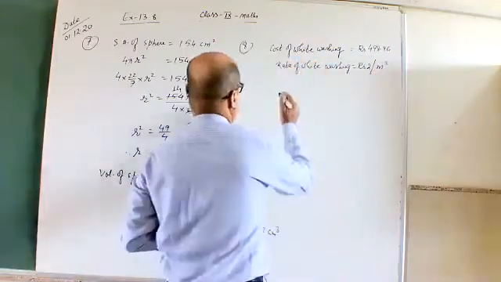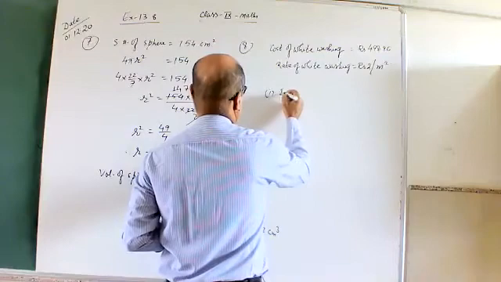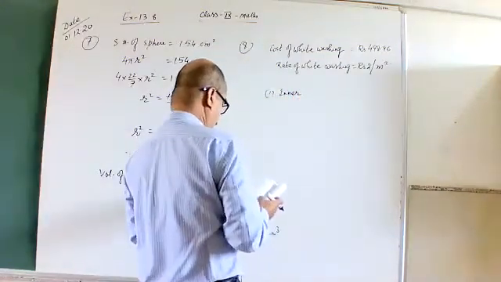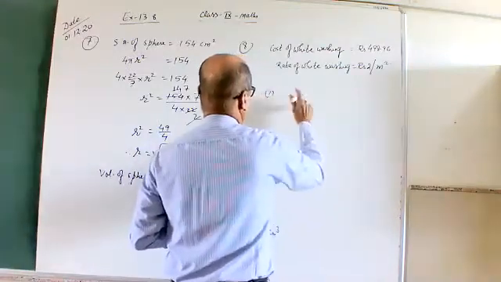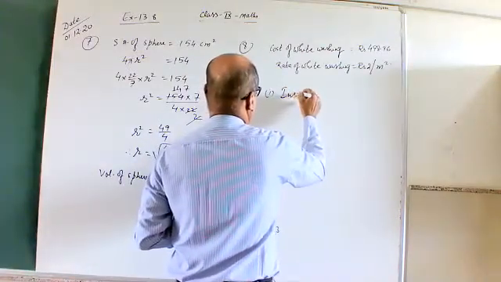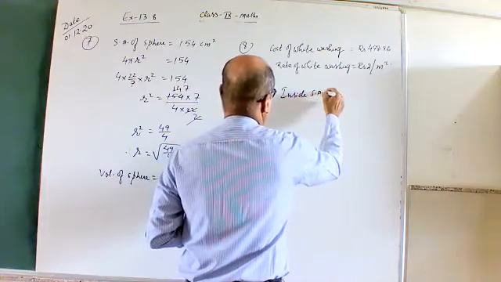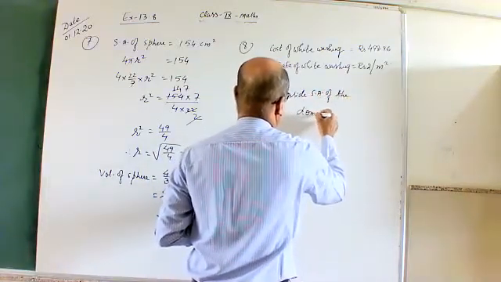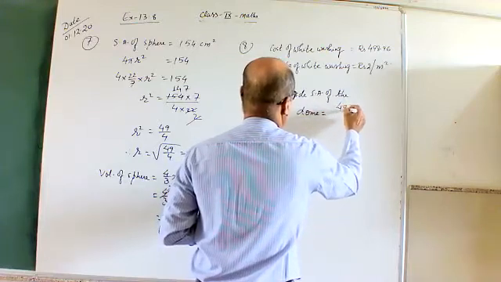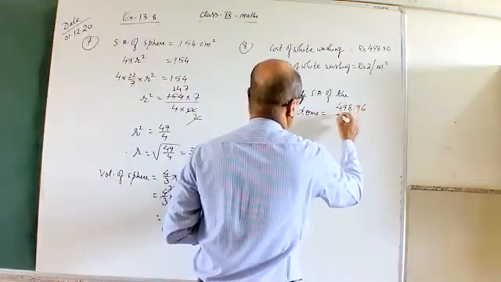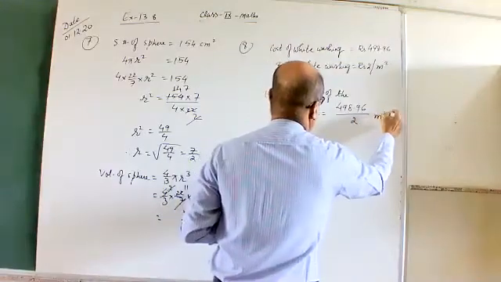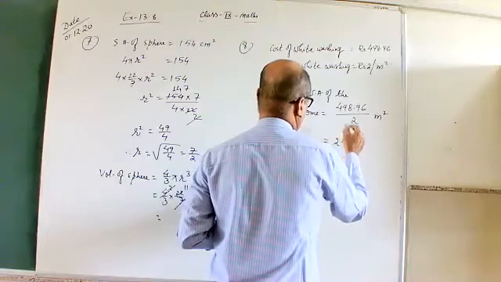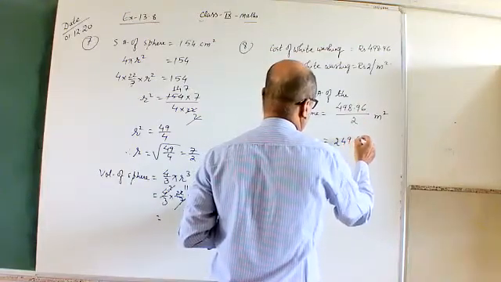So the inside surface area of the dome will be equal to 498.96 divided by 2 meter square. Okay, so divide it. 2 2s are 4, 2 4s are 8, 2 9s are 18.